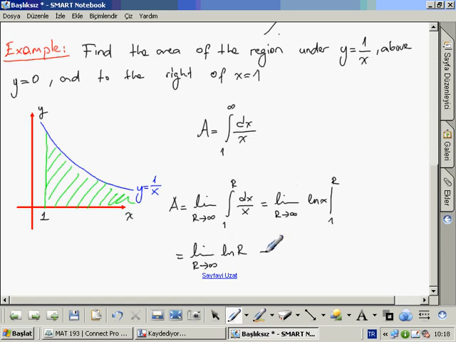We know that when r goes to infinity, the ln function goes to infinity.